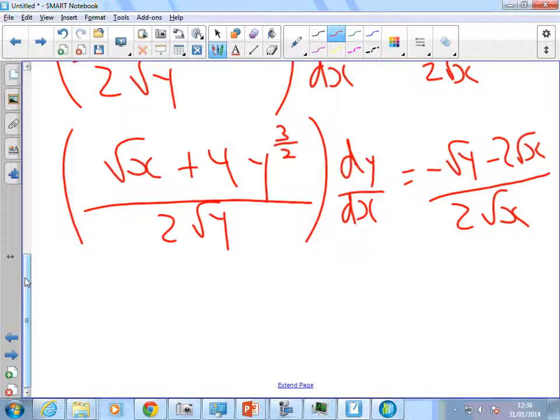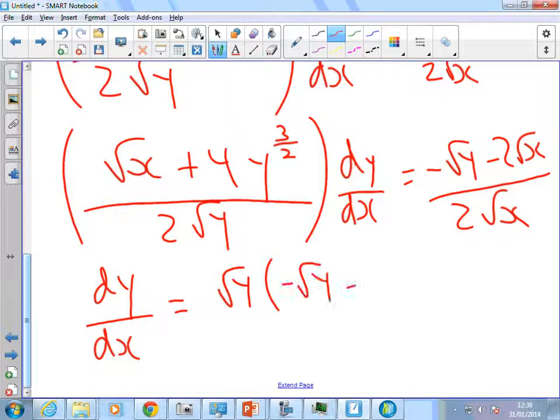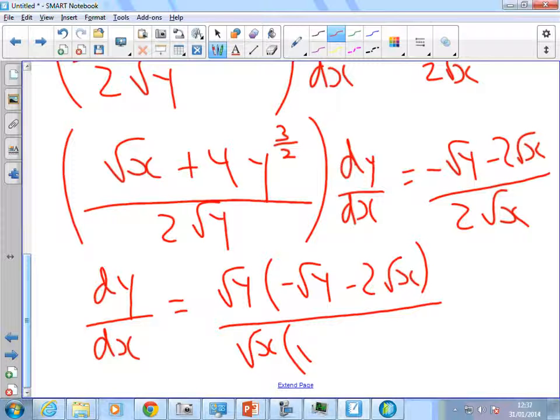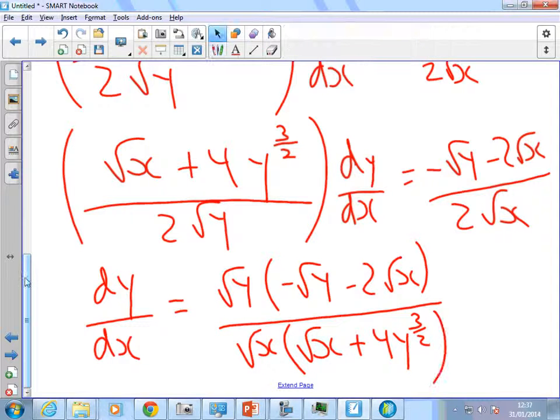So I end up with, now I can leave the algebra to you, because I want to do this in one step. dy by dx is equal to root y bracket minus root y minus 2 root x all over root x bracket root x plus 4y to the 3/2. If that was too fast, what I'd like you to do is pause the video and check the working out yourself.